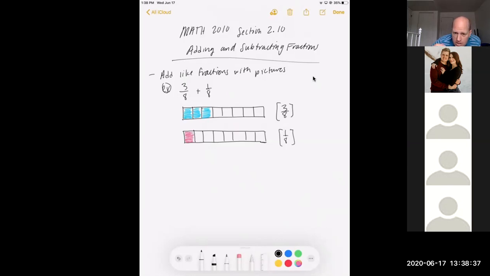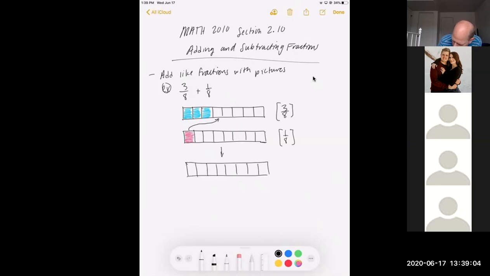When we add them together, we're combining the values, just like we did with whole numbers. We're combining them. And so to indicate the combining, I'm going to put this 1/8 up into this one right here and combine it with my 3/8. I can indicate that with an arrow. Okay. And then I'm going to draw a new bar for my answer. Okay.